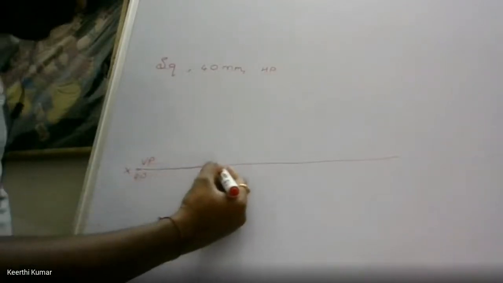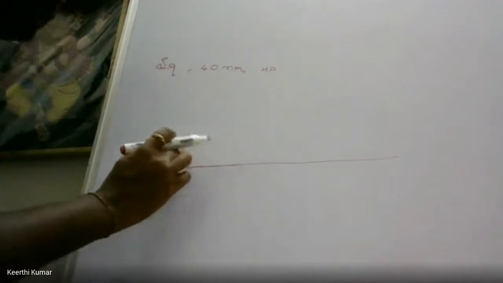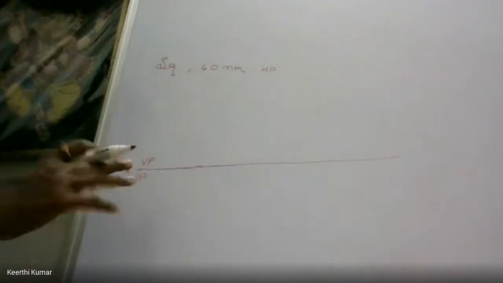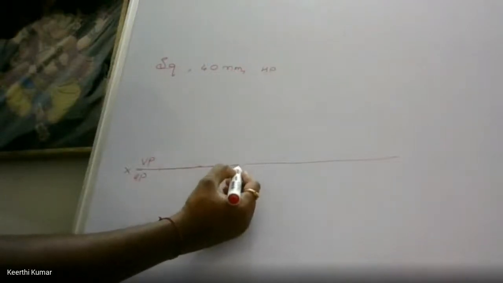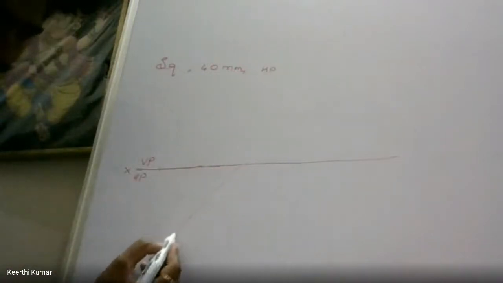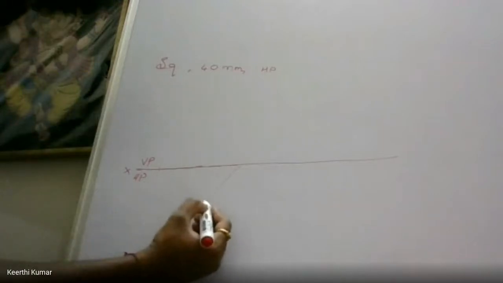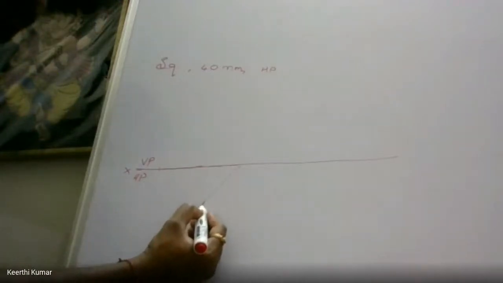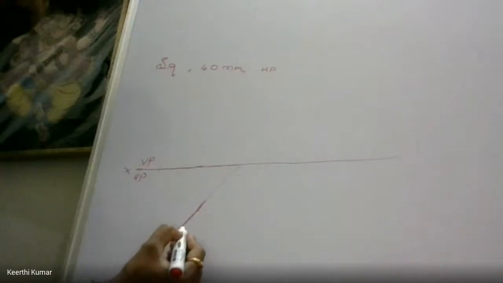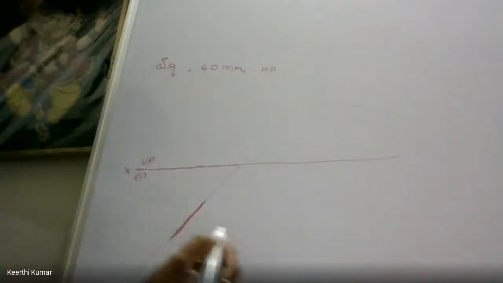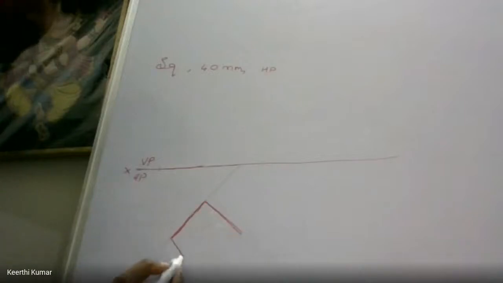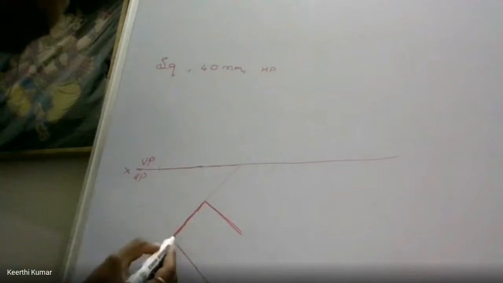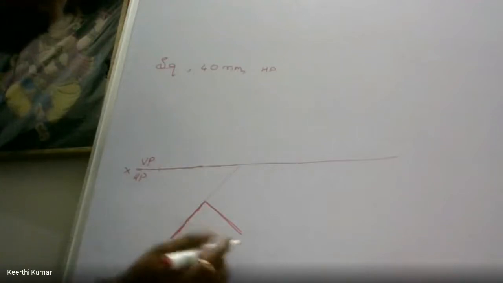Understand what I'm telling? He's telling one of its diagonals. There will be two diagonals for a square. Now I'll draw somewhere here. Draw a thin line at an angle of 45 degrees. Then, keeping it somewhere, draw to the actual scale a 40 mm line, a 40 mm square. Then draw a 40 mm perpendicular, again a 40 mm perpendicular, and complete this.